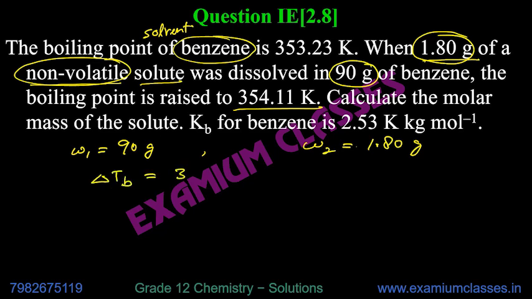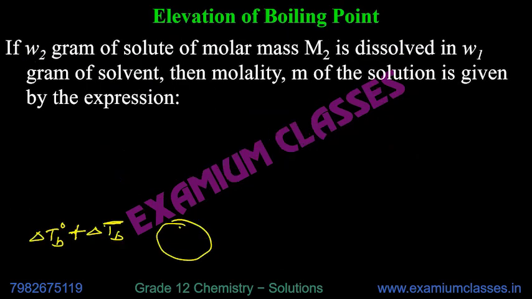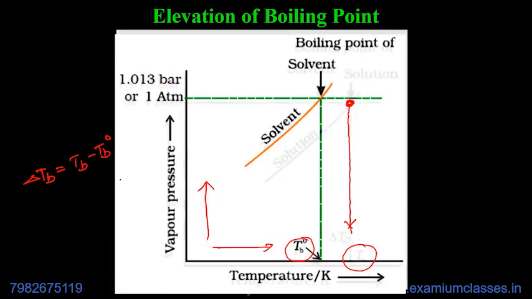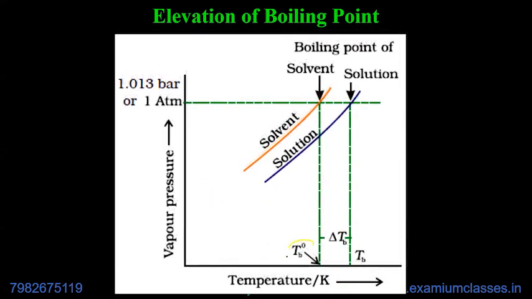TB is 354.11 and initially TB naught was 353.23 Kelvin. So of pure solvent, it was 353.23. For solution, that is TB, if you remember in the graph. This one was given as 353 point something, and new TB is 354 point something. Their difference will be delta TB.